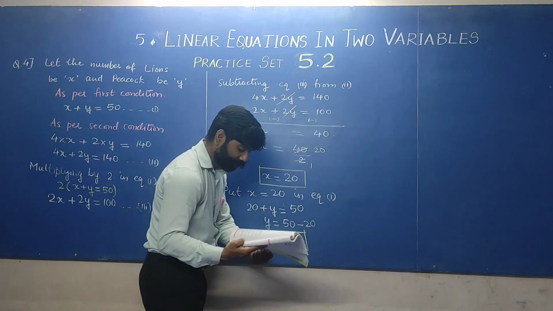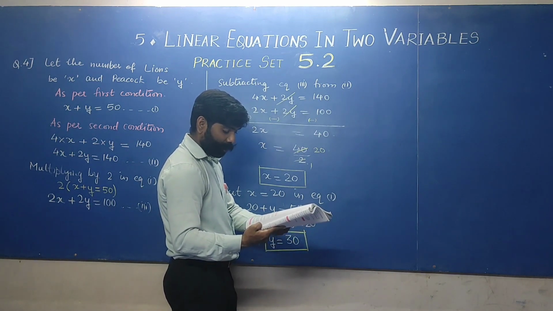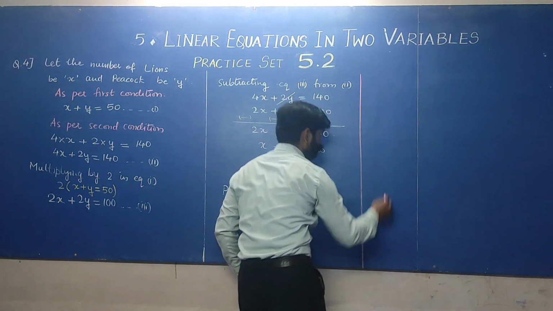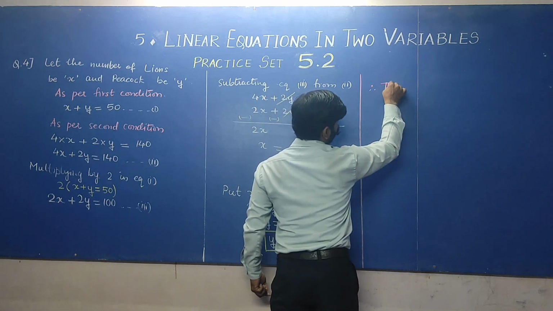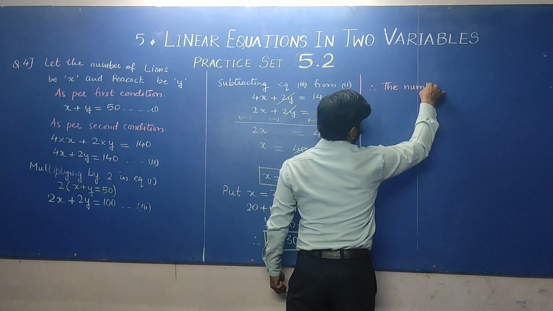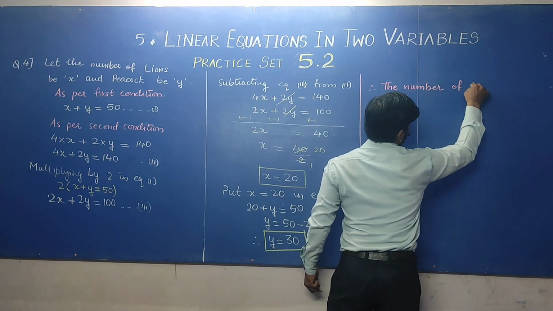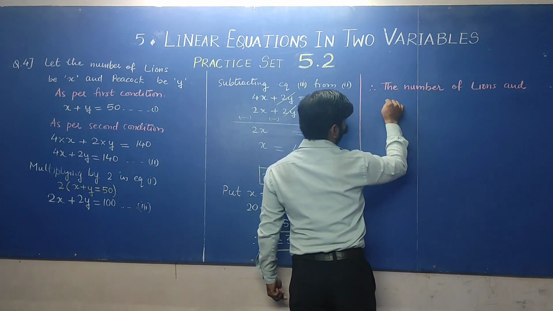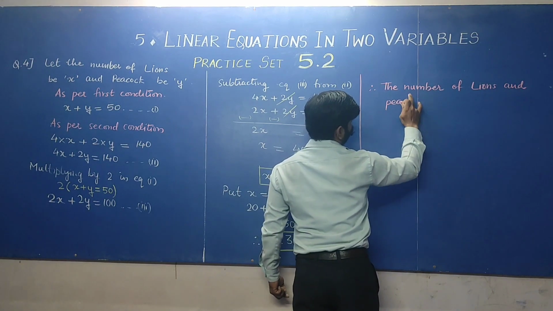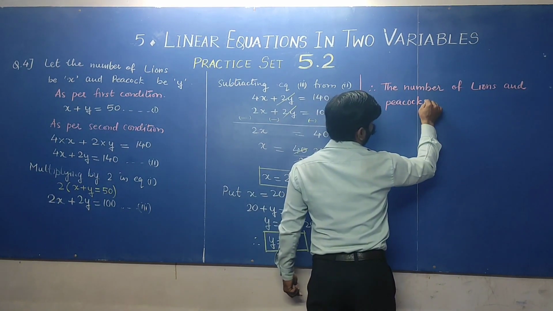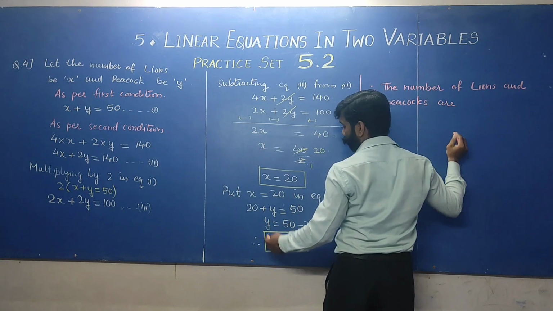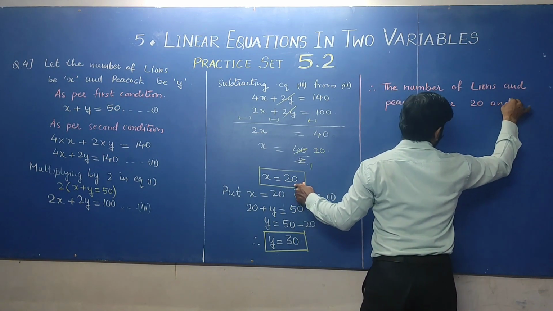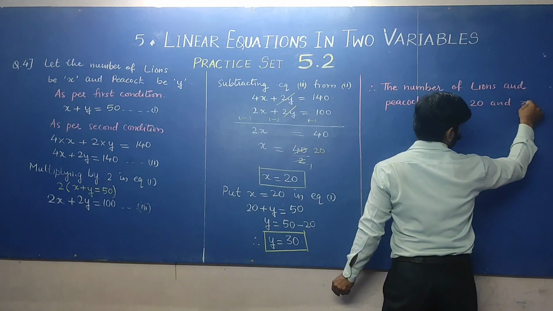As we have been asked the number of lions and peacocks in the zoo, so we are going to write: therefore, the number of lions and peacocks are, the number of lions are x, that's why 20, and peacocks is 30.